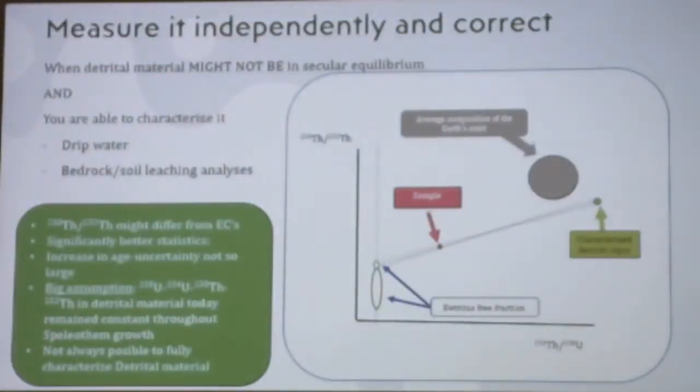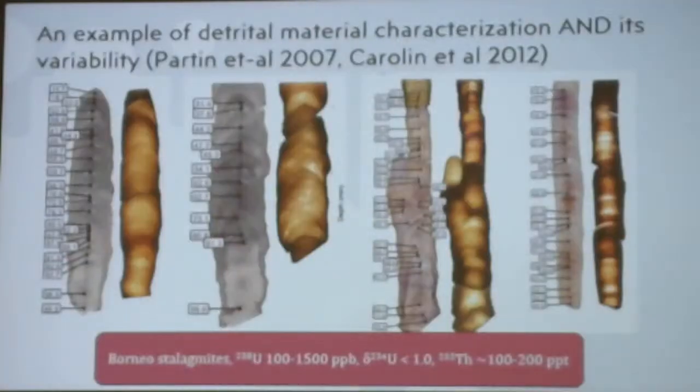And that basically has the advantage because if the correction of the detrital material is quite significant, if the contribution of the detrital thorium is significant, that basically means that if we want to obtain good uncertainties in our ages, we have to work on characterizing the detrital input.